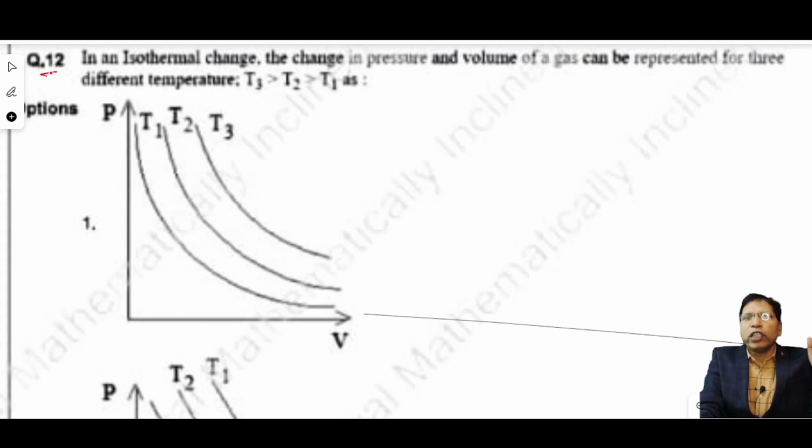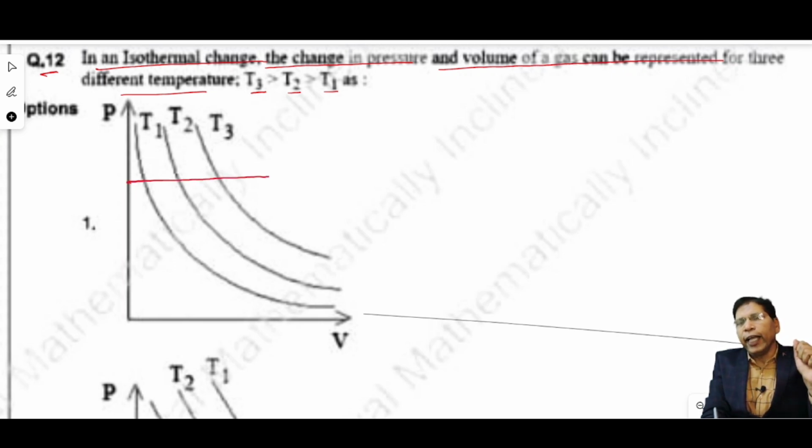Now look at question number 12. In an isothermal change, the change in pressure and volume of a gas can be represented for three different temperatures: T3 greater than T2 greater than T1. Now, first of all, discuss option 1. A line is drawn. This line represents the constant pressure P. Now this represents the volume V1, this represents the volume V2 and this represents the volume V3.